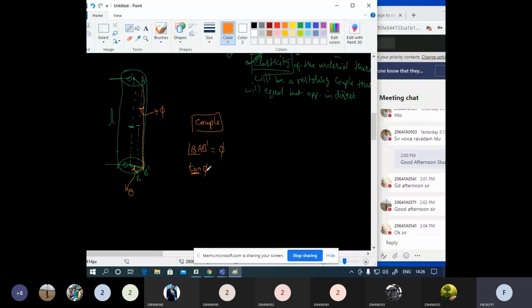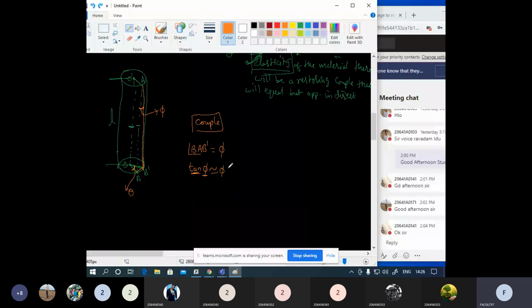If the angle is very small, then you take it directly as phi, like the previous concept in your intermediate standard where, if theta is very small, you consider theta directly. The same concept applies here: this angle of shear is very small, so we take directly phi.